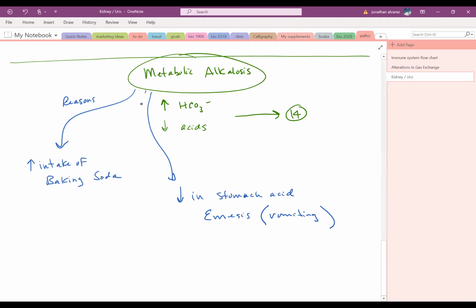Okay. Hospital caused, so iatrogenic, and that would be gastric suction.